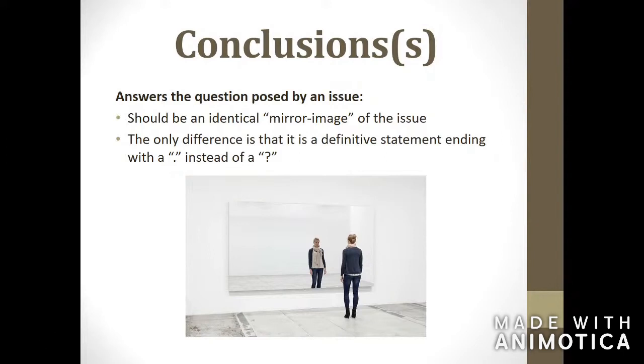We're just going to take that question that we posed in the issue, and we're going to take that same exact sentence structure, and we're going to turn it from a question into a definitive answer. So-and-so is liable when. So-and-so does have a duty to. We take that question, we make it into a definitive sentence, an answer, and that's all it is.